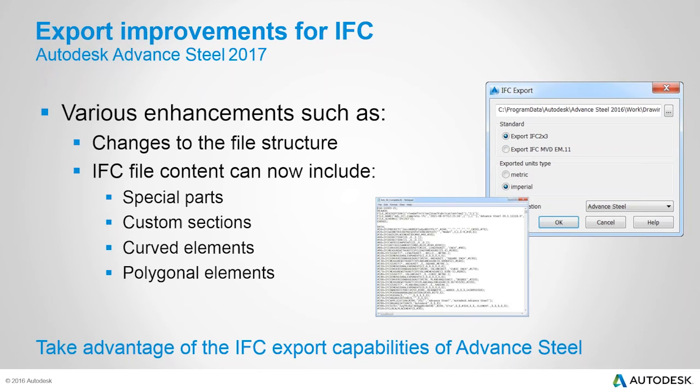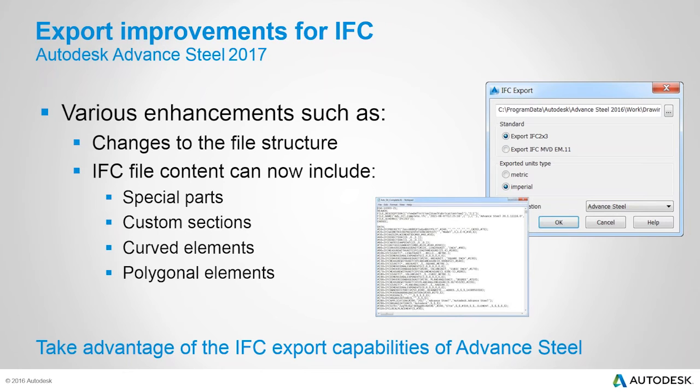So coupled with the enhancement from previously, where you can see in the image on the right, you've got two versions of IFC, IFC 2x3 and IFC MVD EM11. That second version is an enhanced version of the IFC format, especially for structural engineering. And we can include lots of the data. We can include probably more data than any other package.